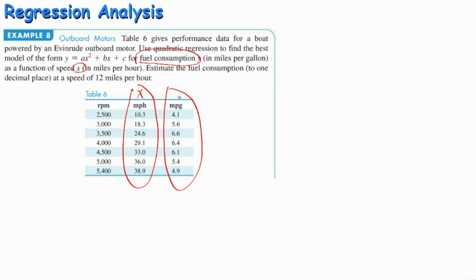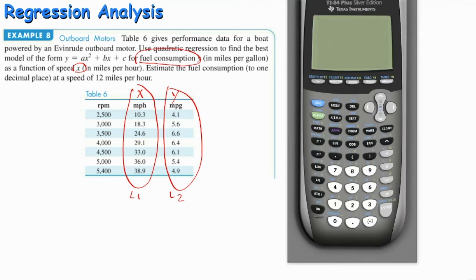This will be X and this will be Y. And when we plug this into our calculator, this will be list 1 and list 2, so we can use the regression feature. So we're going to type this into our calculator. We go to Stat, Edit, list 1. We'll type in the numbers from the miles per hour column.